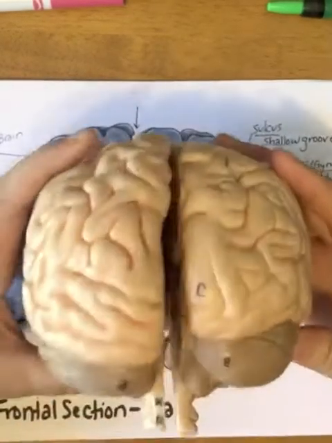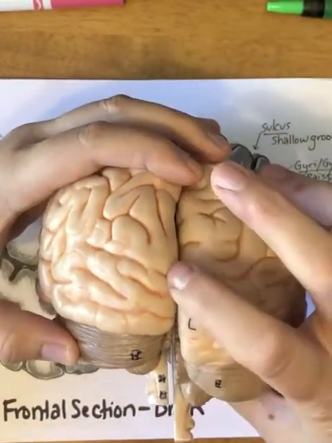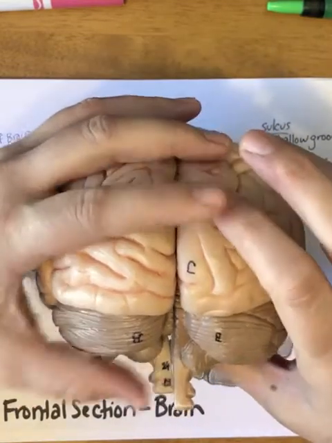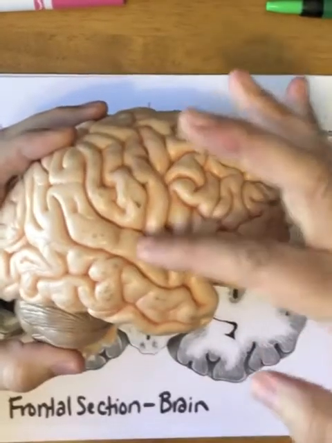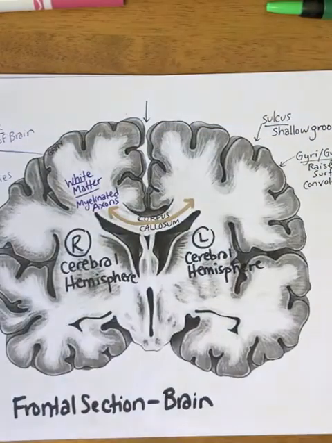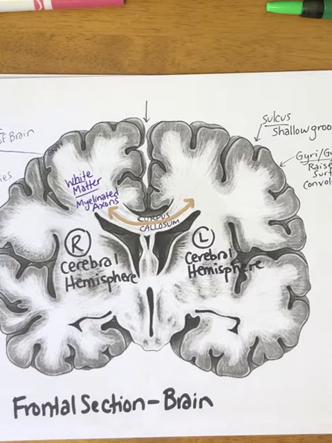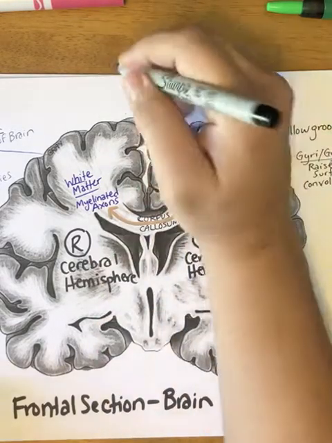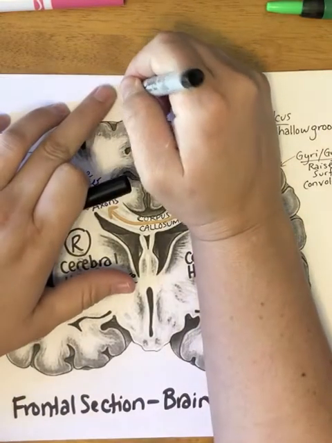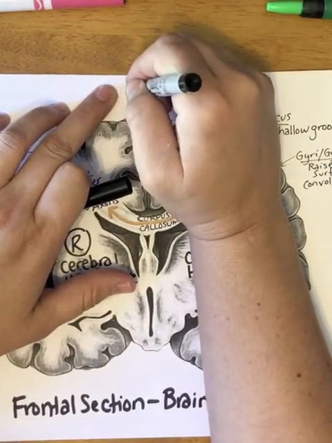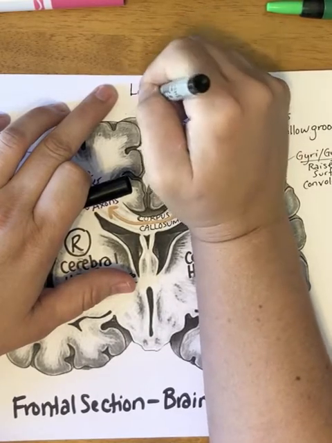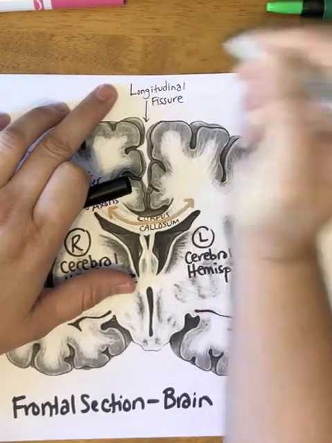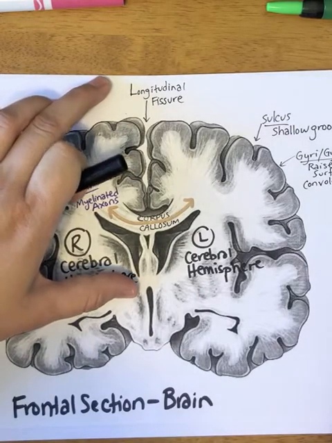You can also see it in the back. That's the longitudinal fissure, which is here. This would be the transverse fissure. And if you turned it sideways, this is the lateral fissure. So know where your fissures are, what they do, and where they're at. The definition of a fissure is a deep groove.